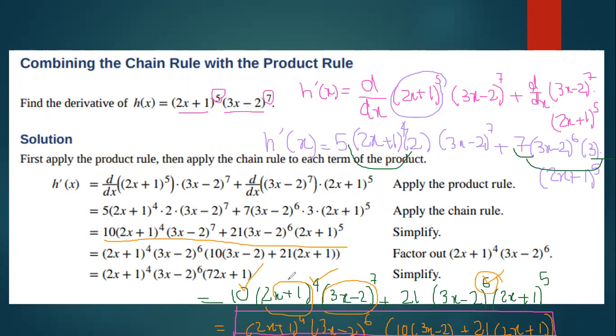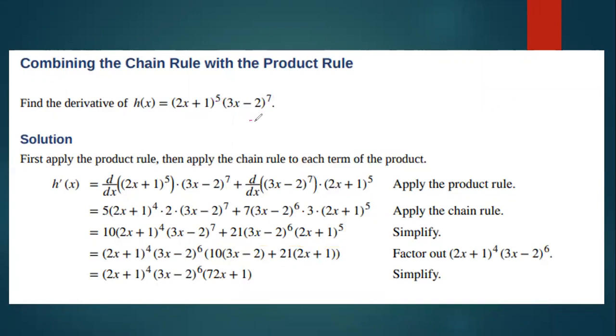तो यहाँ पे सबसे पहले मैंने इसको सिंप्लीफाई कर लेना है. सो जो ब्रैकेट के अंदर मेरे पास अटैन हुआ है दिस वन, सो इट विल बी (2x plus 1) whole power 4 with (3x minus 2) whole power 6.